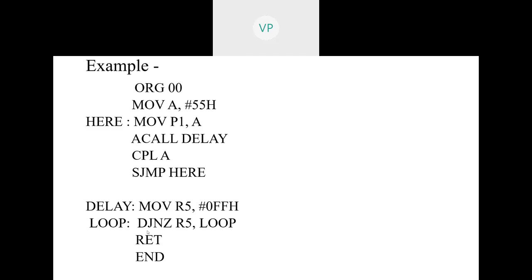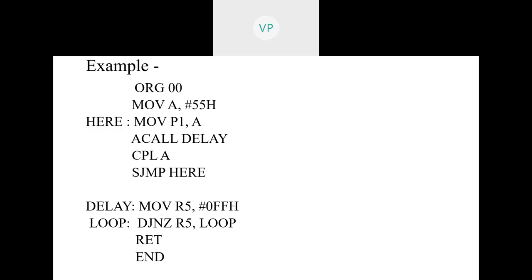Next we have DJNZ: first it will decrement the value of R5, and if the value of R5 is not equal to 0, it performs the loop again. The same sequence of instructions has to be executed again.